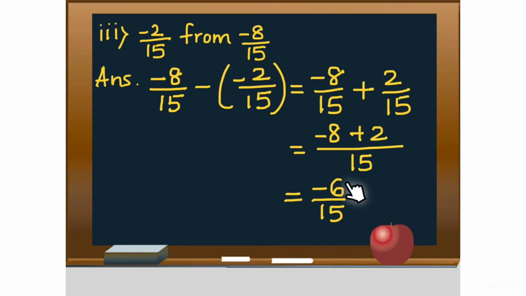Since 6 and 15 have 3 as common factor, let's cancel it. 3 times 2 is 6. 3 times 5 is 15. So this expression is equal to minus 2 by 5. This is the answer.